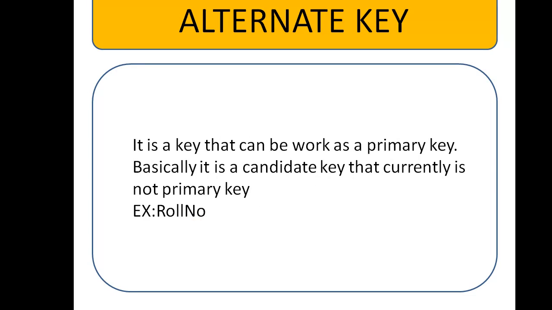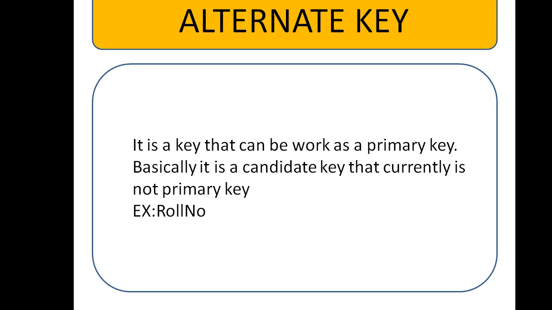The alternate key is the rest of the candidate keys. From the total number of candidate keys, except the primary key, they are called alternate keys. It's also a candidate key, but currently not marked as a primary key.